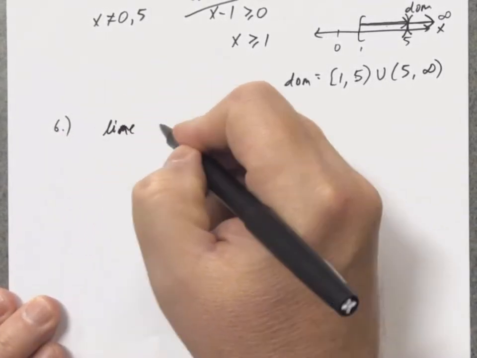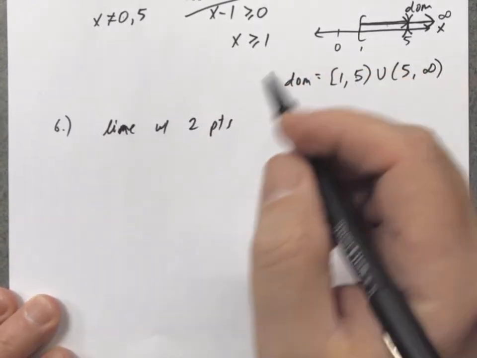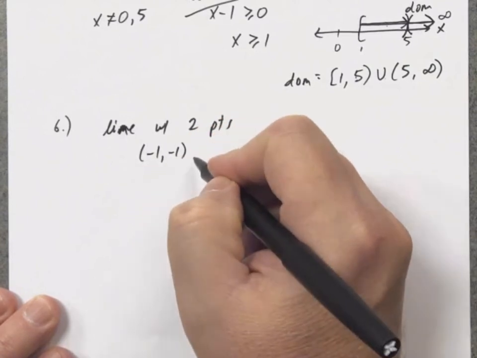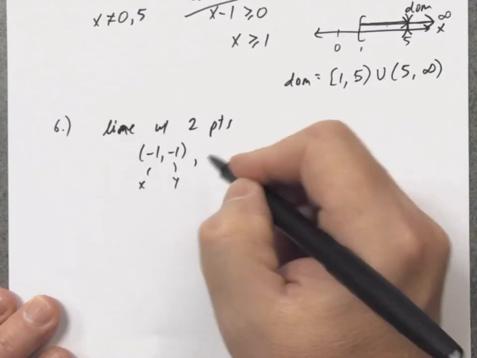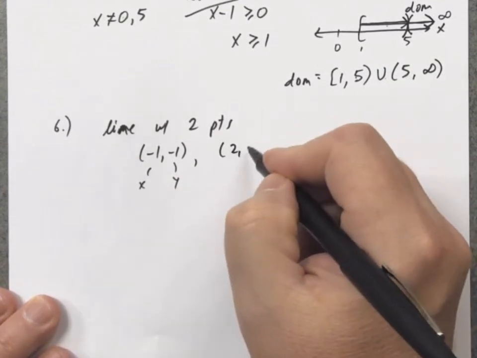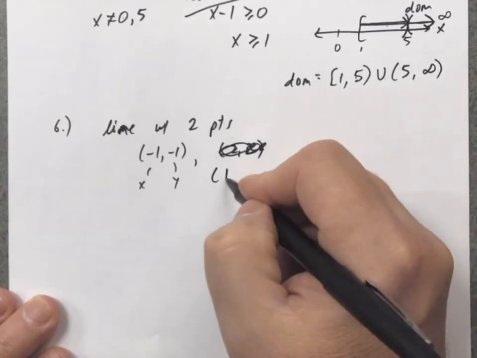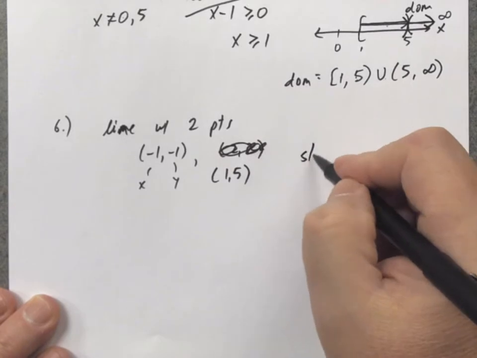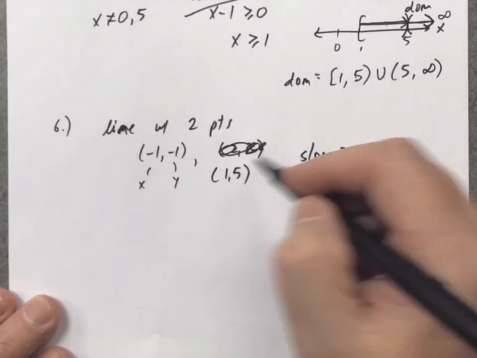So we have a line, and I'm given 2 points, -1, -1. So once again, -1 is x, -1 is y, and the second point is 1, 5. So they're asking what is the slope of the line that goes through these 2 points.